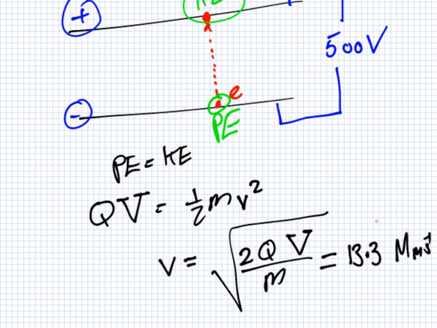Well, that looks stupid. Let's make it look a little nicer. It'll be 1.3 times 10 to the 7 meters per second. That's how fast it will hit the plate.